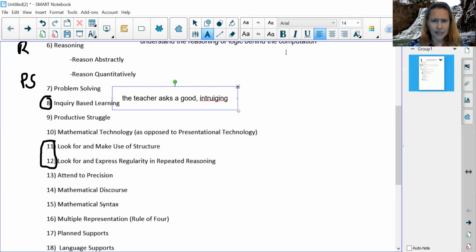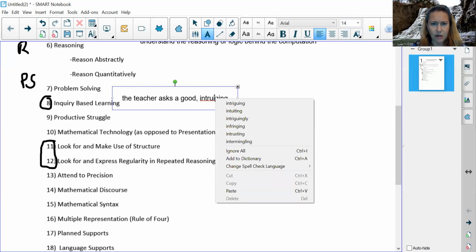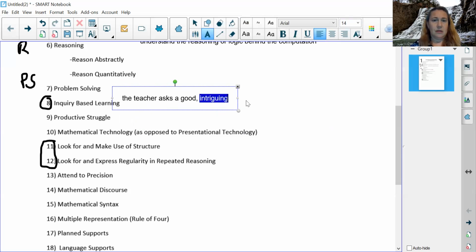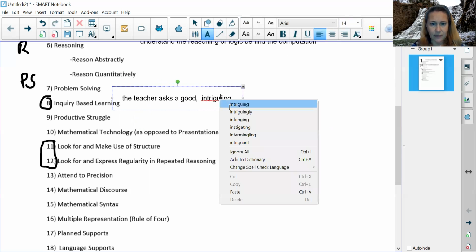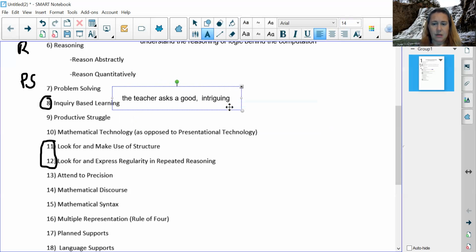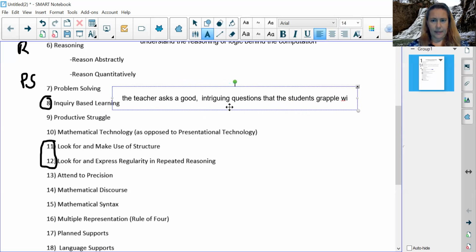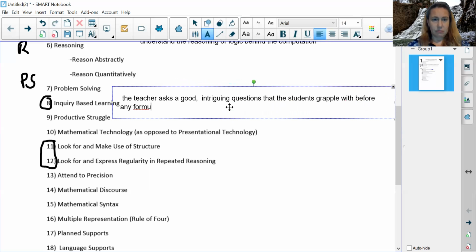It helps if it's interesting. Intriguing question that the students grapple with before any formal instruction is given.